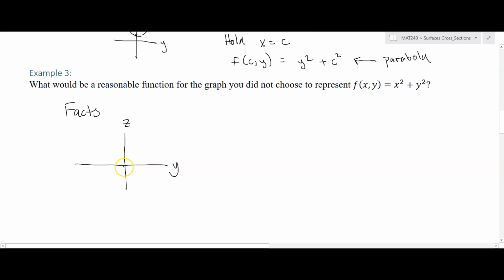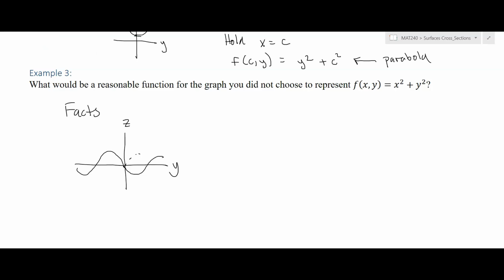So what I'm seeing is kind of something that looks like this. And so this could be the graph of, let's see, well, it kind of looks like sine would do something more like this. So this looks to be something like maybe negative sine.